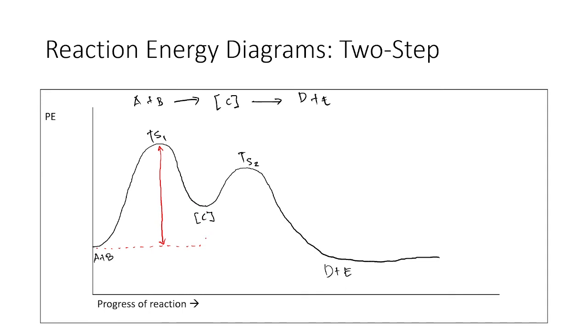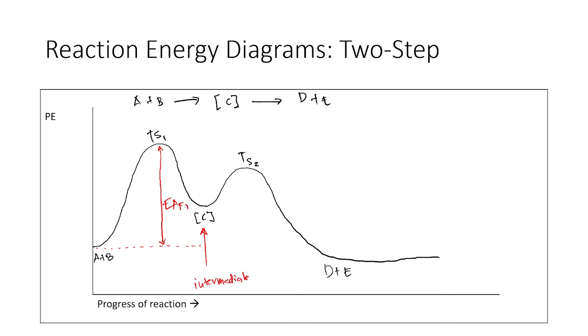Okay? Or yung tinatawag nating, this will be our intermediate. Ito muna bago tayo naging D plus E. And this TS1, or the difference between the TS1 and the potential energy of our initial substrate and reactant, is what we call the first energy activation.